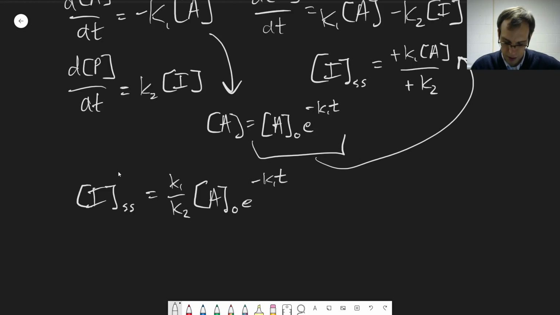That's just plugging this expression into our expression for the steady state. Again, this is specifically valid if the steady state approximation is true.